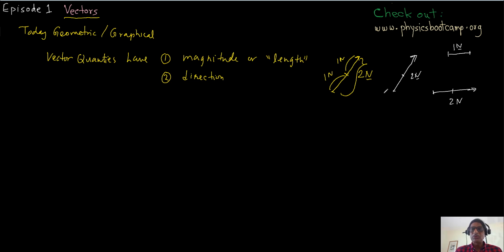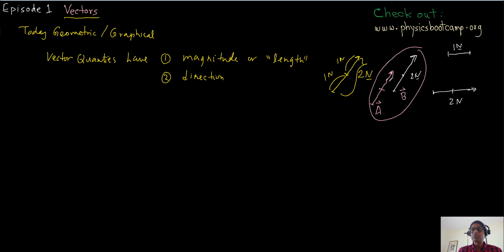And you can draw a 2 Newton force over here, same direction as that, with the same length. Now if you call this force A and this force B, even though they are drawn in two different places, they are the same direction and same magnitude, so these two forces are equal to each other.